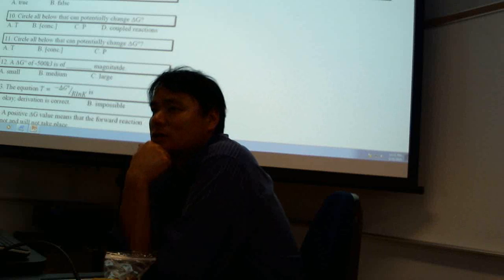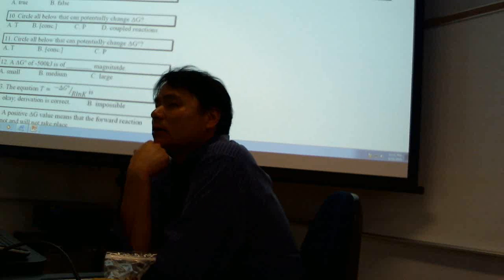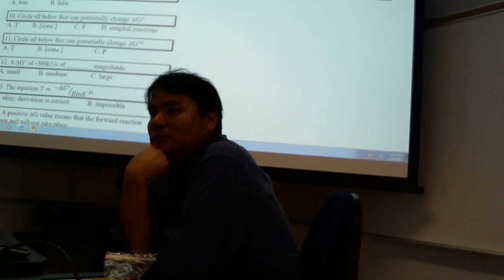That's not going to change delta G naught because delta G naught is fixed for 1 atmosphere, 1 mole. Delta G is like how fast you are driving. Delta G naught is the posted speed limit, and we make adjustments to the posted speed limit depending on how fast you're going.